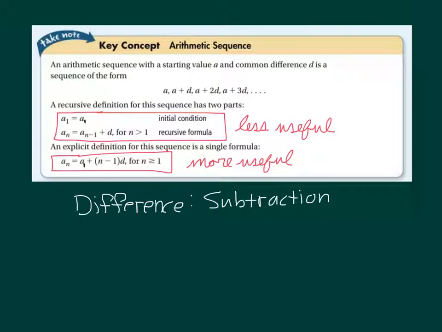Because if you take any term in the sequence and subtract the term right before it, you get the common difference. So no matter which pair of terms you use, the difference is the same. Hence the name common, because it's always the same. Difference, because it is subtraction.